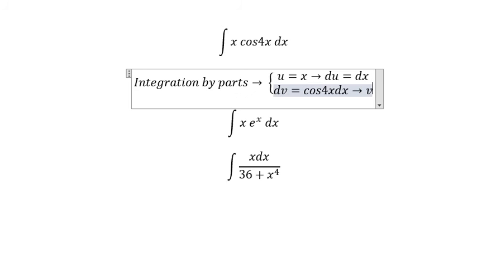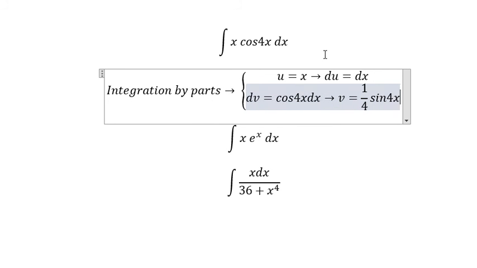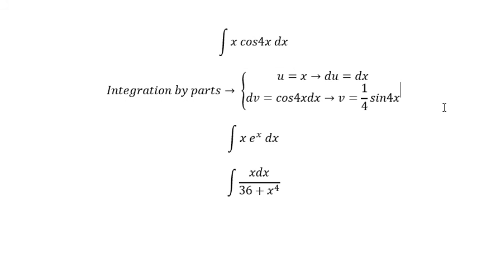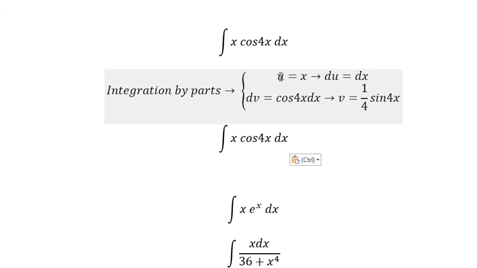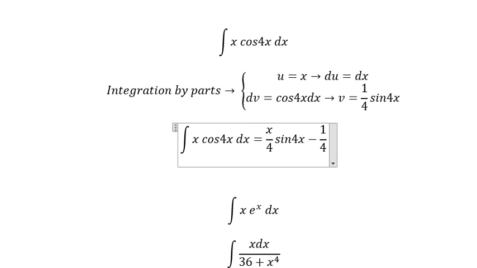So we got v equal to 1 over 4 sin 4x. So we got u multiplied with v. And that's s over 4 sin 4x minus 1 over 4 the integral of sin 4x.